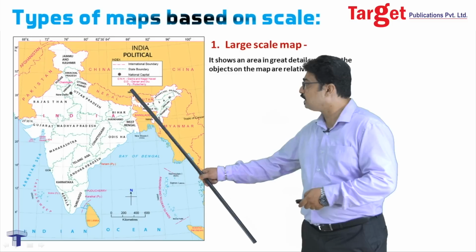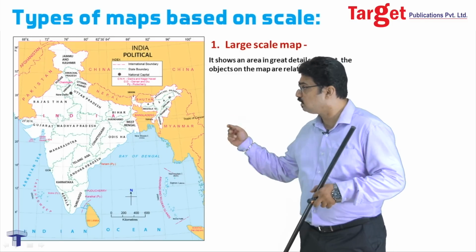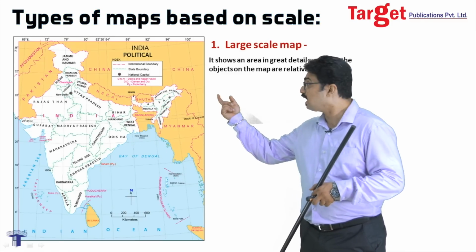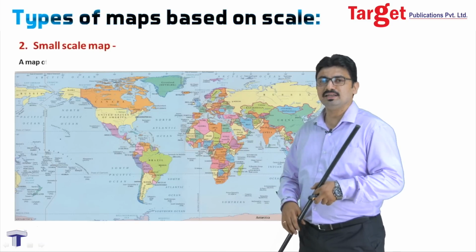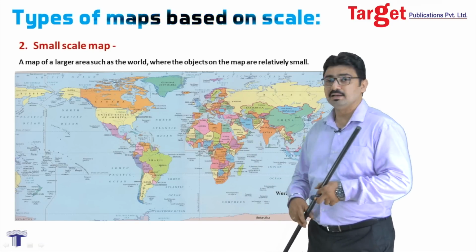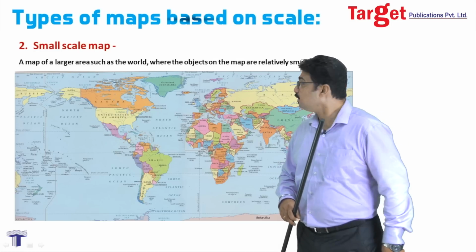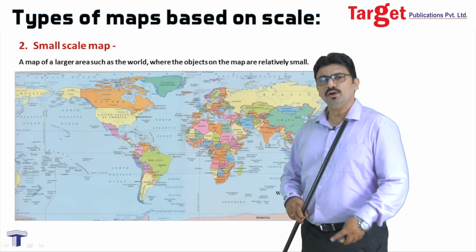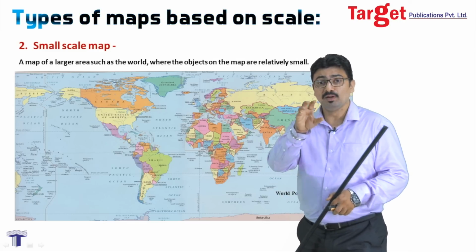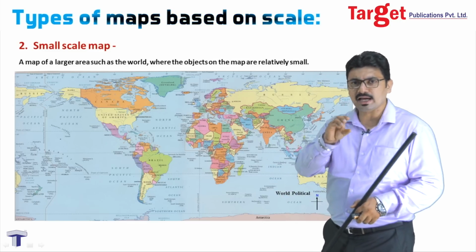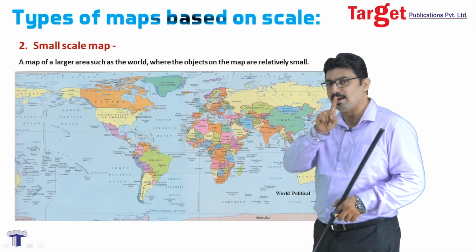We can see all the details. Here we can see the state boundaries, international boundary of the country, the capital city, the seas, the neighboring countries, everything can be seen clearly in a large scale map. Next that we see is a small scale map. What is a small scale map? Small scale map is the same region shown in a smaller size. For example, we were looking at a map of India.